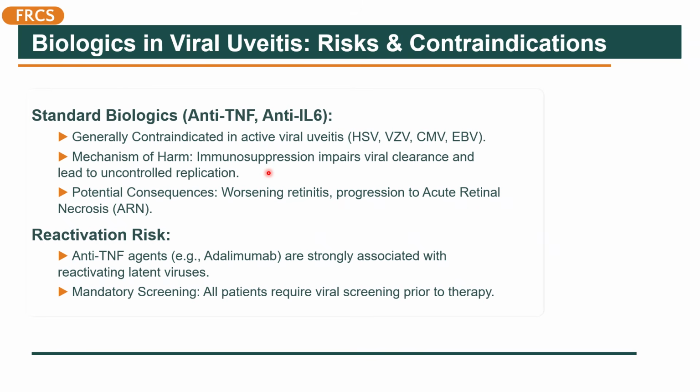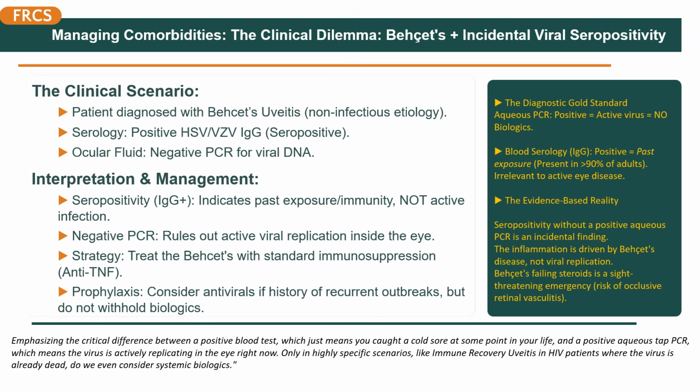As you know, these viruses become dormant inside the tissue. Once there is immune suppression, this will enhance and potentiate the replication of the virus, worsen the retinitis progression, and the patient may worsen to acute retinal necrosis. So the reactivation risk is very high in these cases, and it is absolutely contraindicated to start this medication for these patients to control the inflammation.